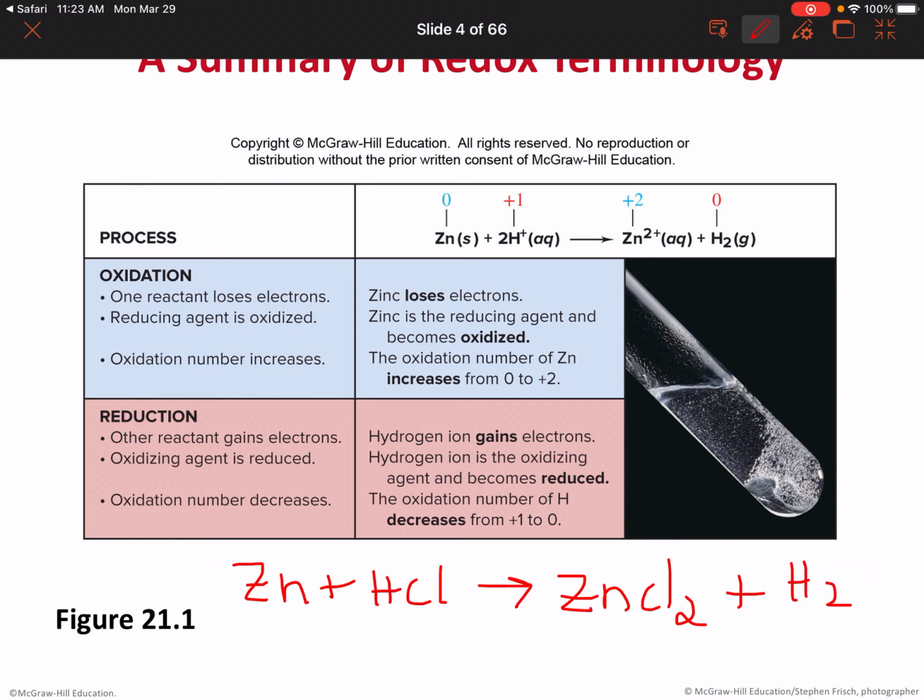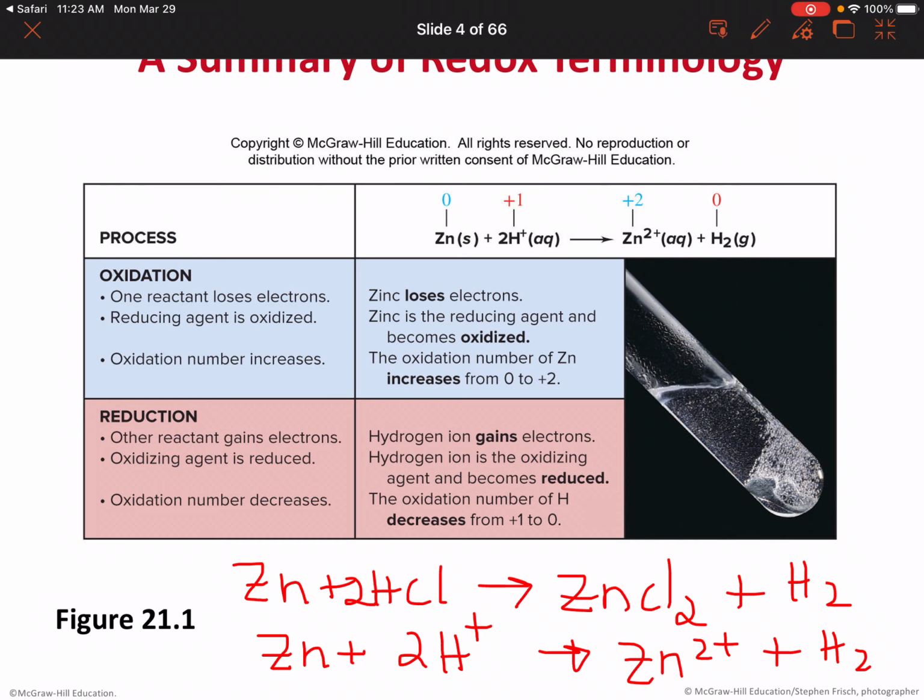Sometimes we just write only the ions or the atoms that are actually involved in this process of oxidation and reduction. And you can balance this to hydrogen. So nothing will happen to chlorine, so you're going to keep 2H plus, giving you zinc 2 plus plus hydrogen. Okay. That's the equation that you are seeing over here.